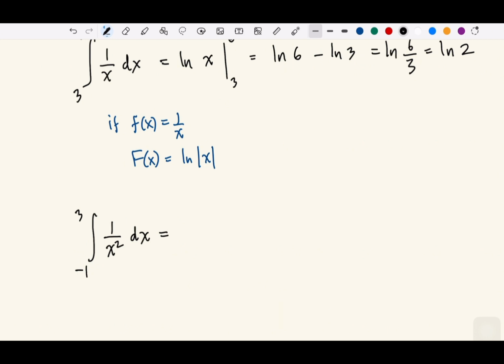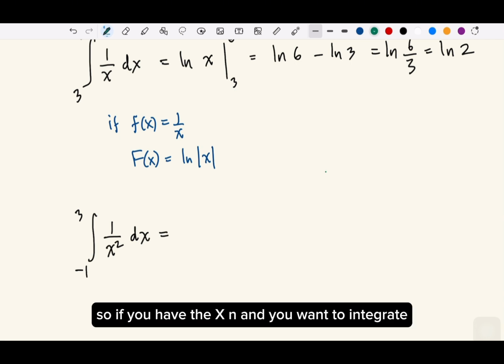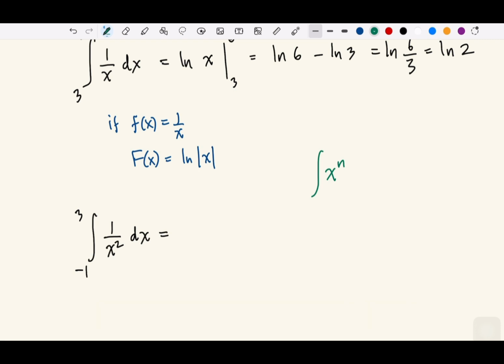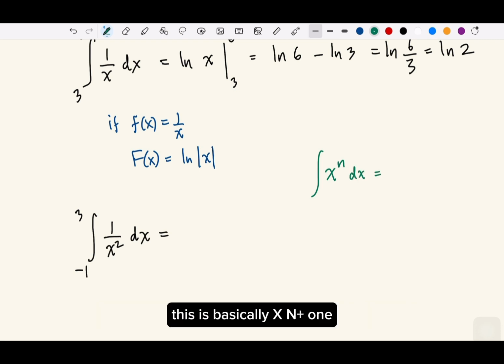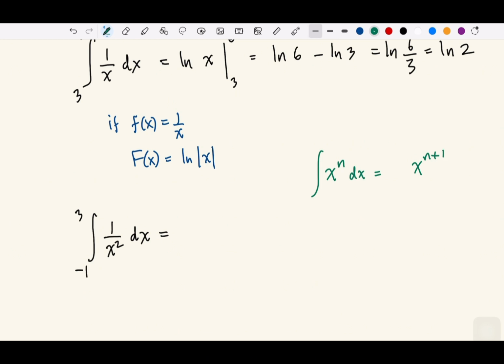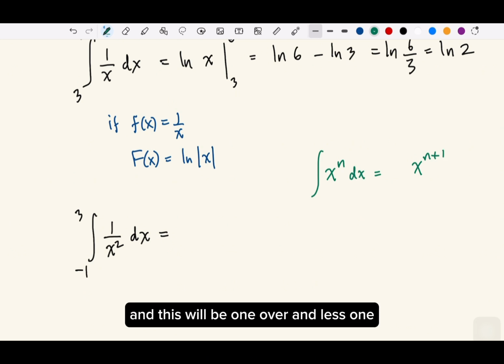Okay, and on integrations, if we have x to the n and you want to integrate, this is basically x to the n plus 1, times 1 over n plus 1.